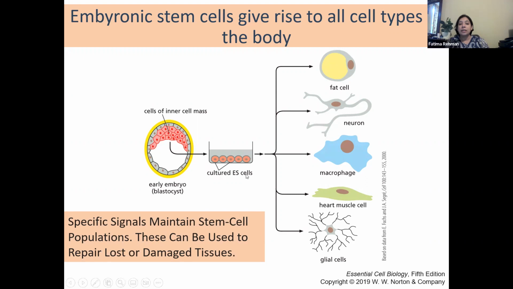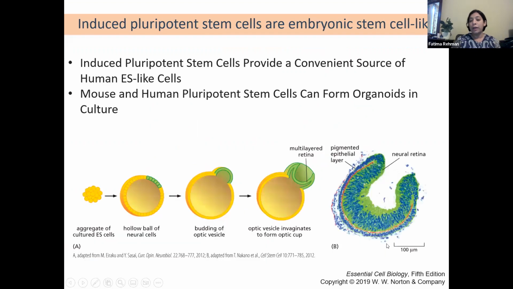These cells from the blastocyst are cultured in dishes, just like what we did in the lab, but with very specific differentiation signals to create different types of differentiated cells. These cells can be made into neurons or fat cells, macrophages, skin layers, cardiac tissue, any of those things. So this type of stem cell technology is what we call stem cell research.